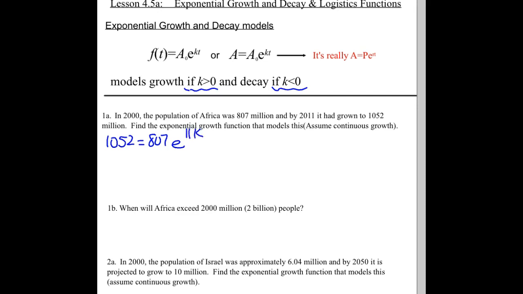So what would we do first? How could we start solving this? Okay, so grab your calculators. Again, we're going to have some long decimals in there. I want you to keep that in your calculator. I have some on my desk if you need one. You're going to take 1052 and divide by 807.